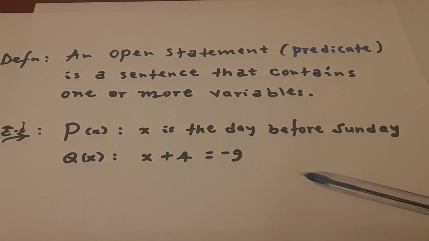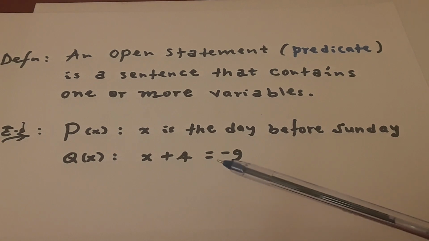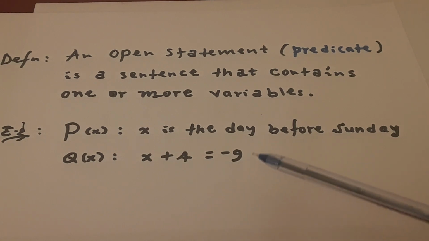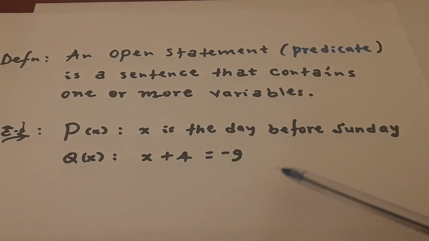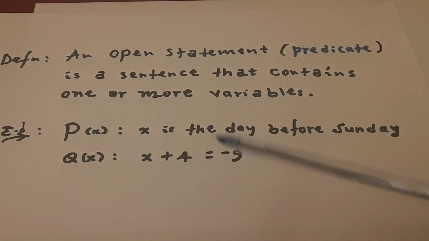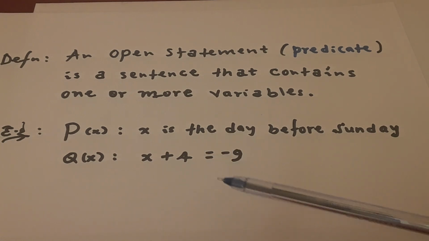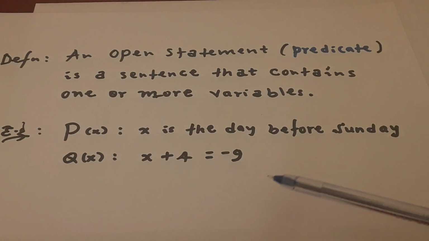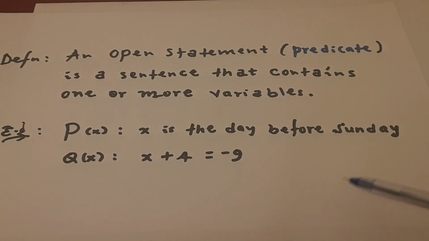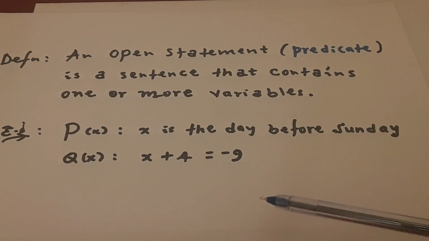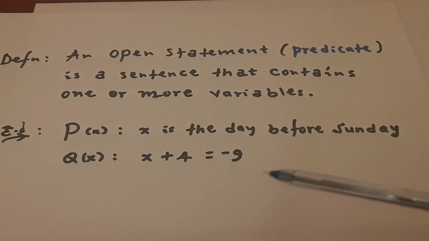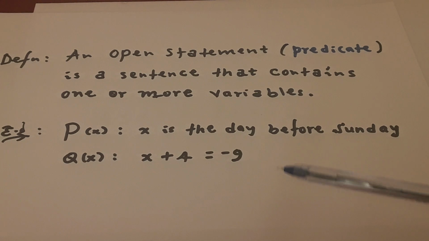If X is 13, 13 plus 4 is 17, which is not minus 9. Again, if X is minus 13, then minus 13 plus 4 is minus 9, so minus 9 equals minus 9. In this case, the given open proposition becomes a proposition which has a truth value, that is true.